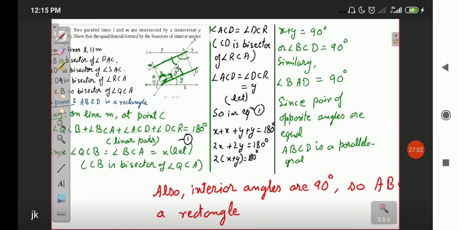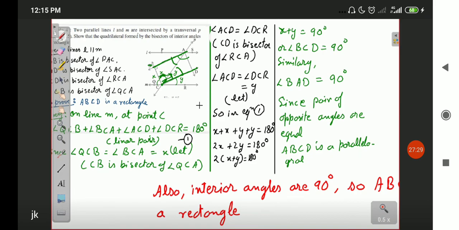By proving that, you can prove that these two sides are parallel, and in the same manner the other two sides become parallel, and finally you have to use the linear pair to prove that one of its angle is 90 degree. Okay, so I started with that only and directly proved that since one pair of opposite angles are equal, therefore it must be a rectangle.